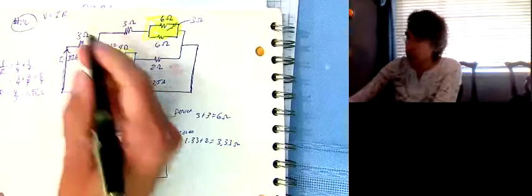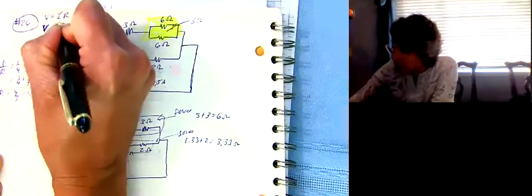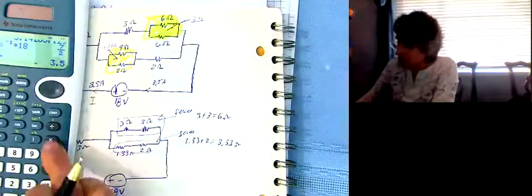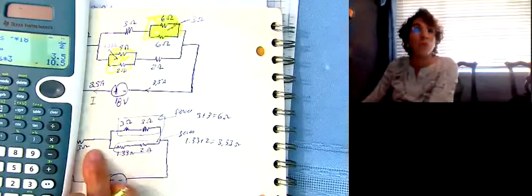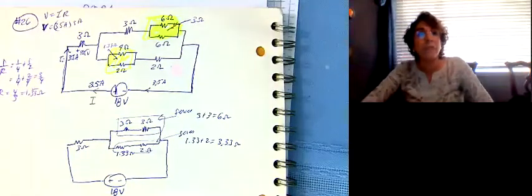V equals IR, so the voltage is 3.5 amps times the 3 ohms. 3.5 times 3 is 10.5 volts. How about that?